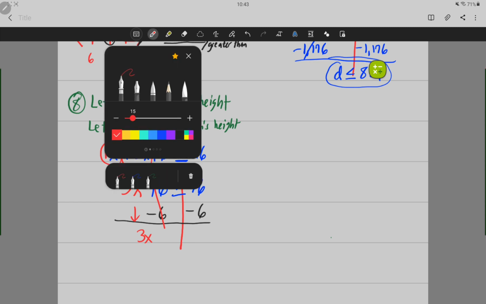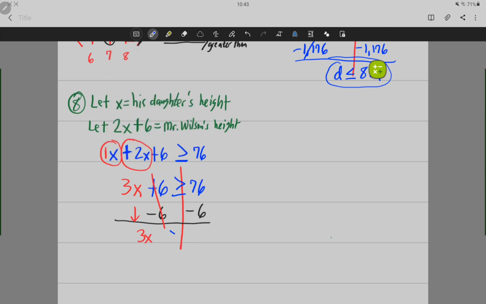Let's bring down our inequality symbol. Greater than or equal to. And 76 minus 6 is 70. Last thing we want to do here is to divide. So let's divide 3 on both sides.